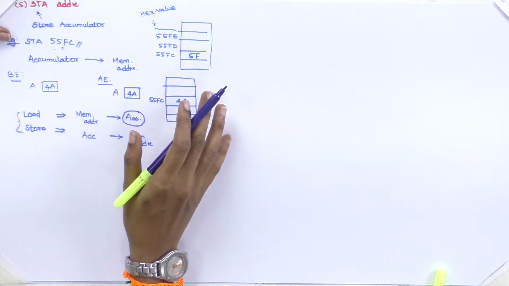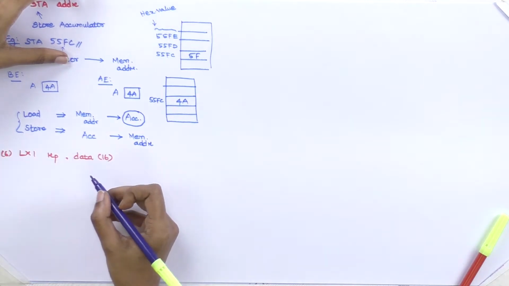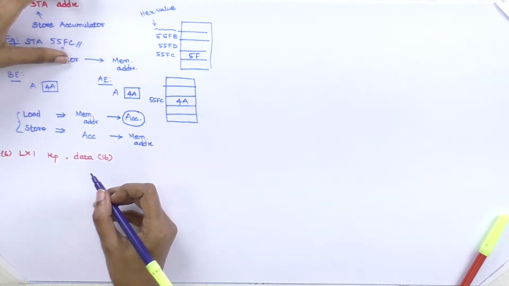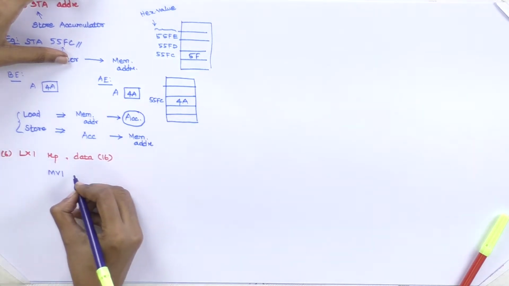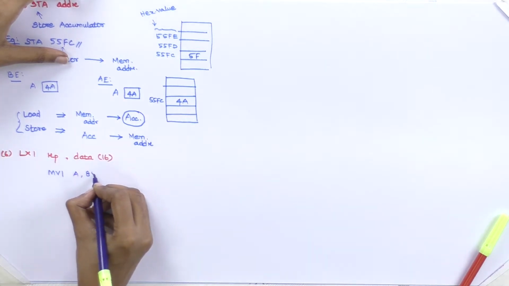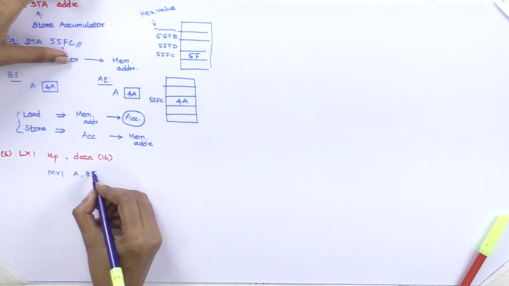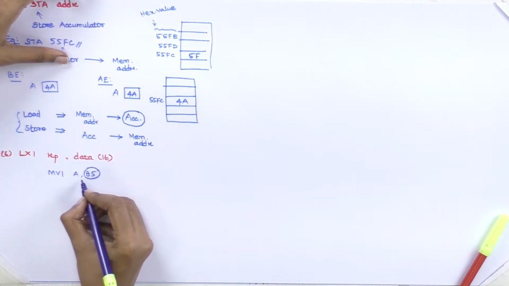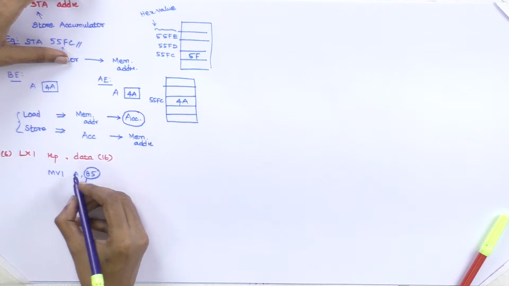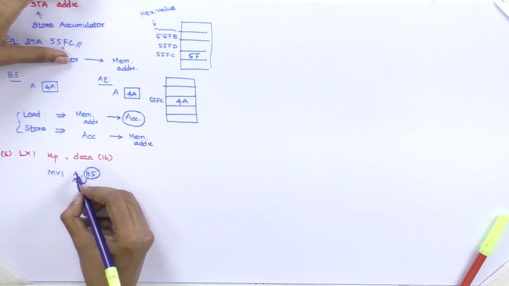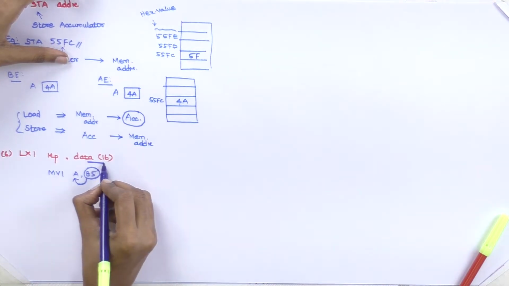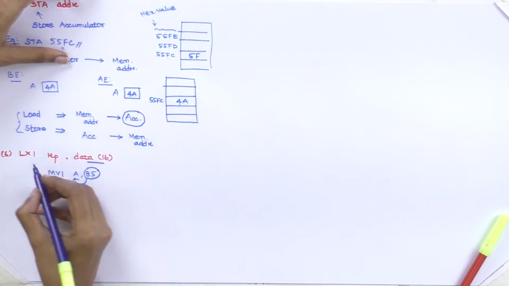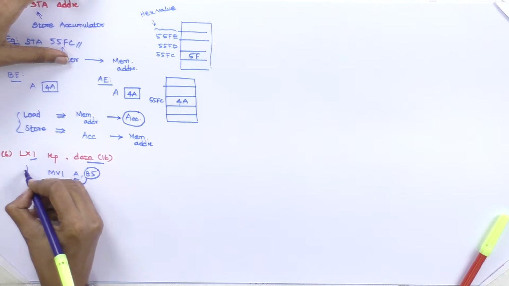The next instruction is load immediate 16-bit value. The first instruction that we have seen is MVI A,85. Here we are transferring an immediate 8-bit data to an accumulator. In the other case, if you want to transfer a 16-bit data to a register, you are supposed to use load immediate.